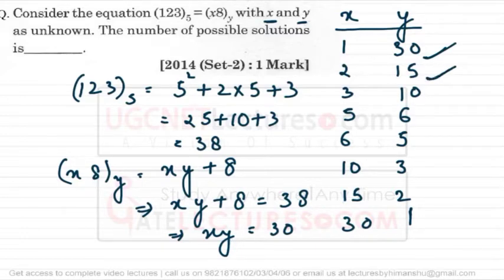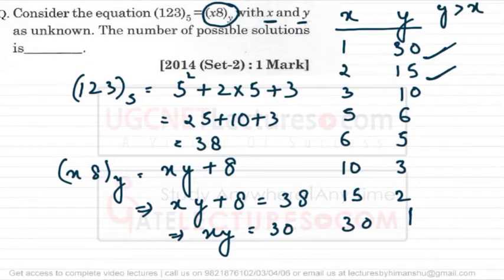So this is possible. What I mean to say is y must always be greater than x. Y cannot be less than x. Right? We know this. The base of the number system must be greater than every possible symbol, every possible digit used in that number system. So for all valid representations, y must be greater than x. In all solutions, y must be greater than x.